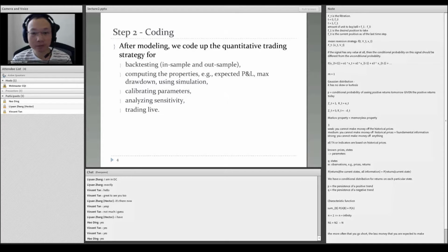And finally, last but not the least, you want to use the same piece of software that you use for backtesting in live trading. As discussed yesterday, you do not want a translation between research code and live trading code, because it's subject to a lot of possibility of translation errors.